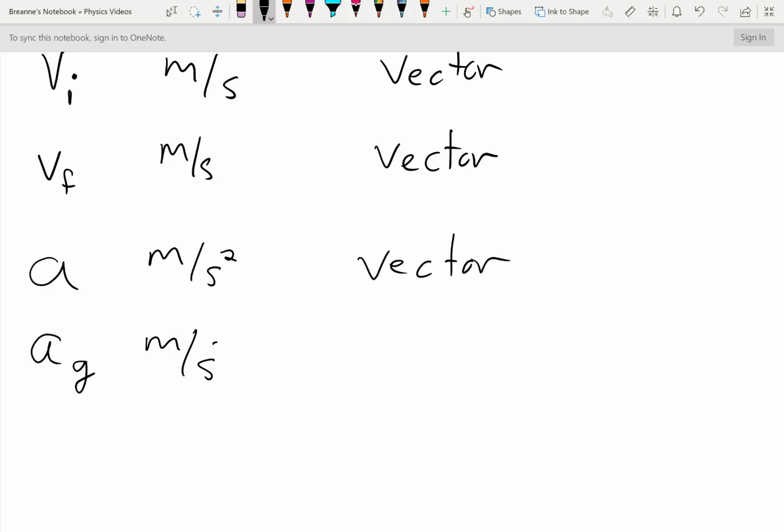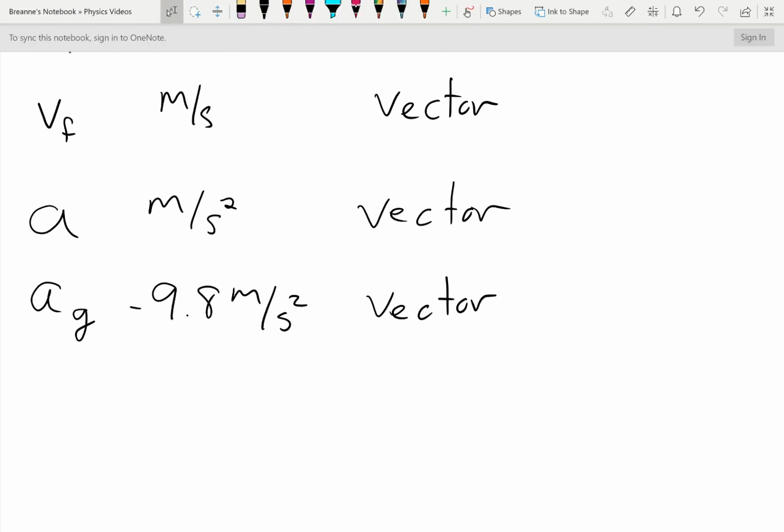Remember it is a constant, so it has a number, because on Earth it's 9.8 meters per second squared. It has a direction, because it's negative, and it's a vector. So those are the main types of different ones we're going to use.